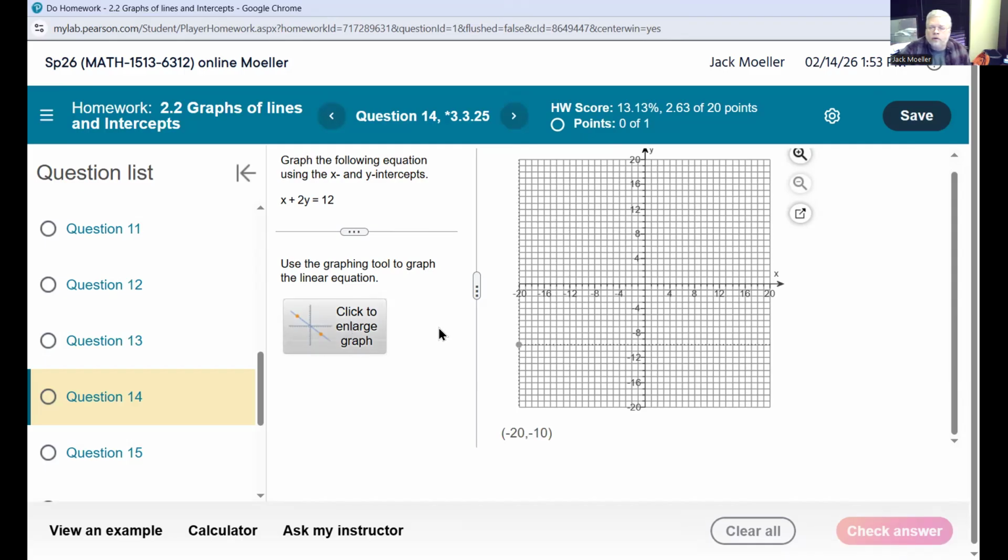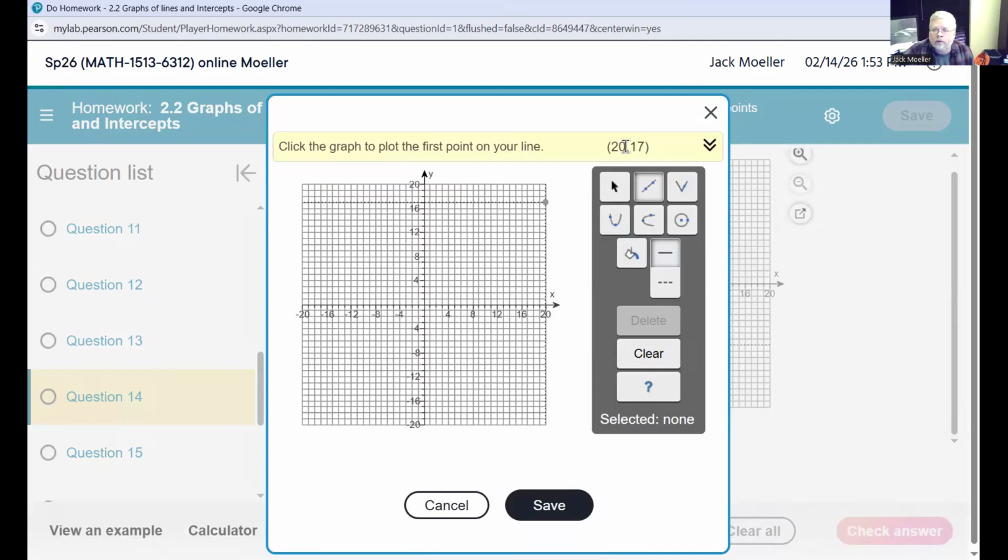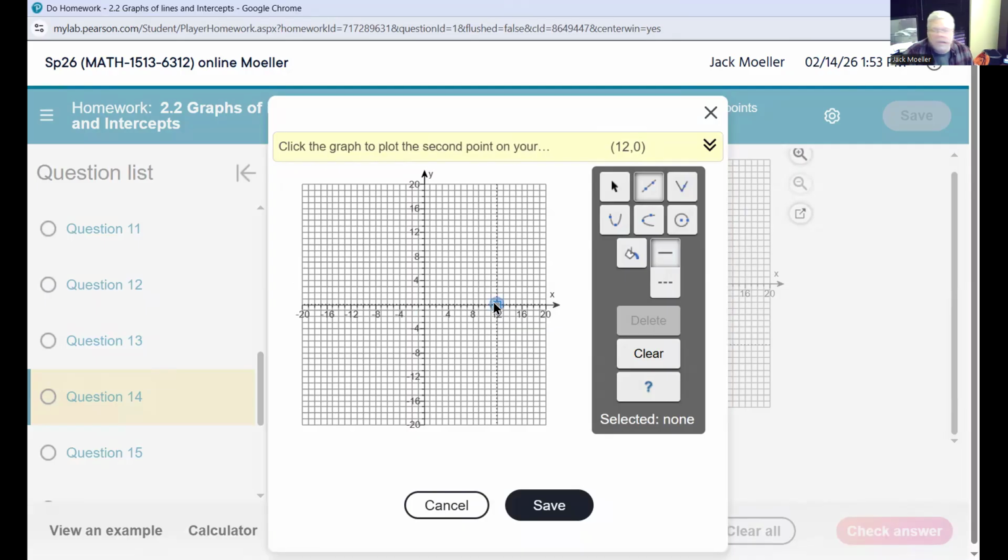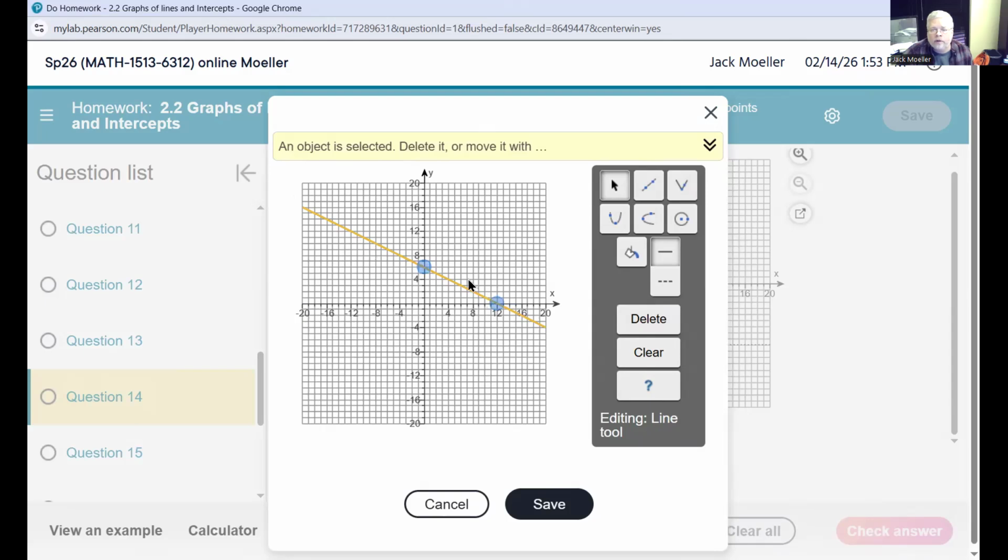If you're in that click to enlarge, it's up here in the upper right. So I want positive 12, 0. So I'm at 12, 0. Once you're there, you click on it. Then the next point is 0, 6. So I want to go up 6 and click on it again. And once you have the yellow line, there's your graph.